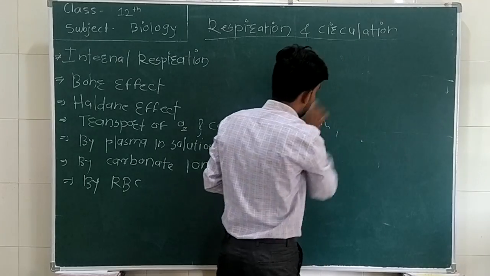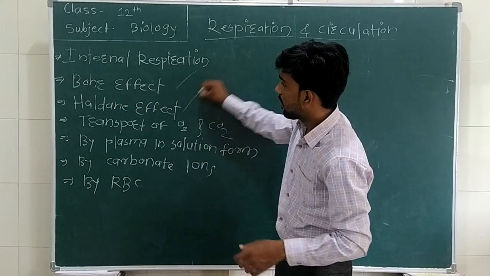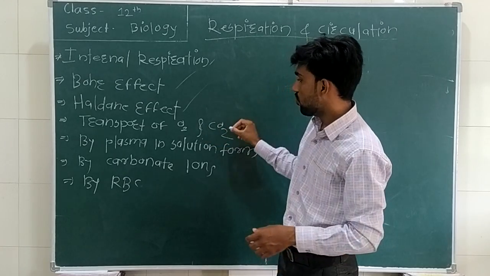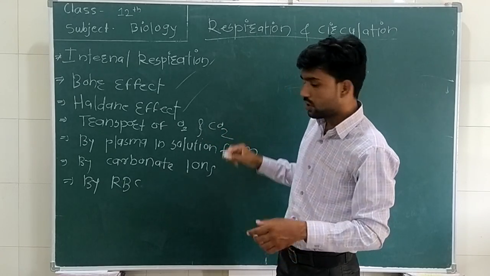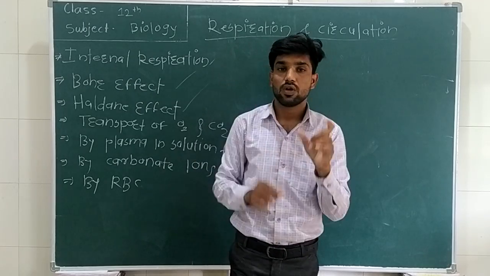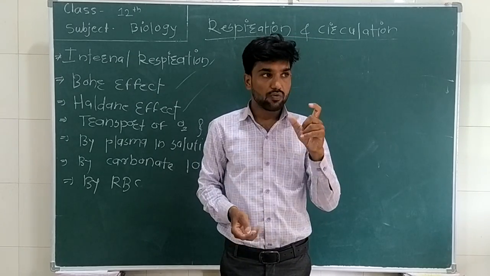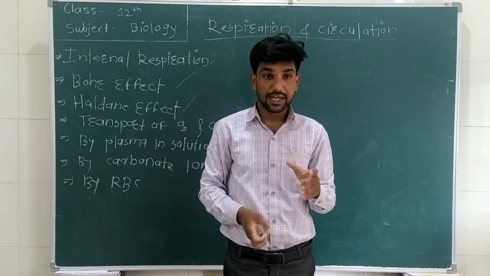Now transport of carbon dioxide. We have seen the Bohr effect and Haldane effect, and the transport of O2 and CO2. Now we see the transport of CO2. 7% of carbon dioxide is in dissolved form. Get it?